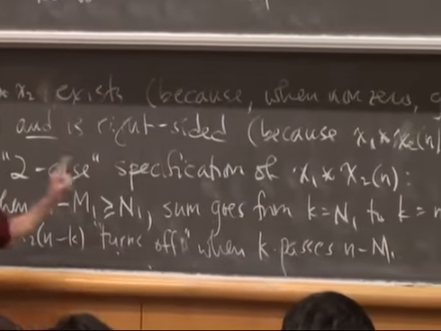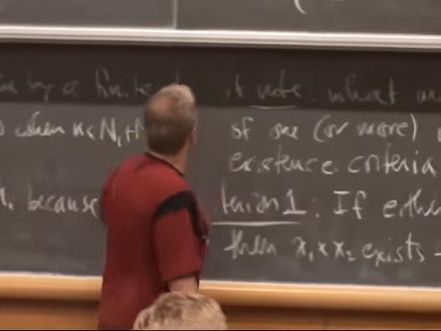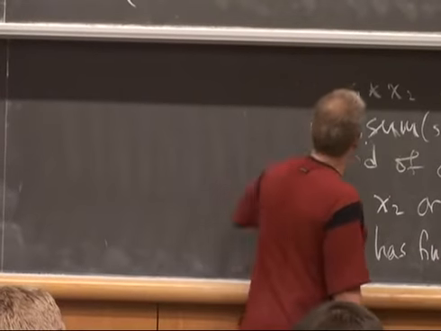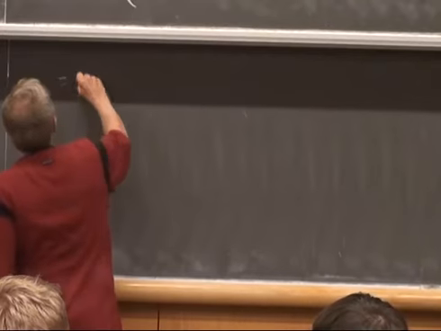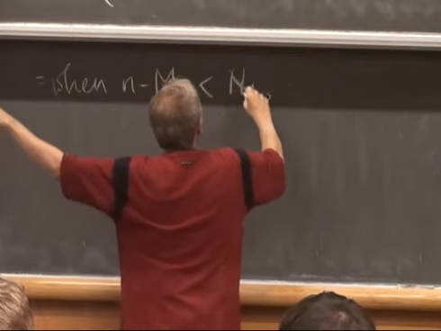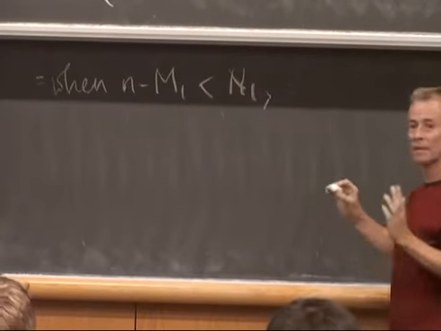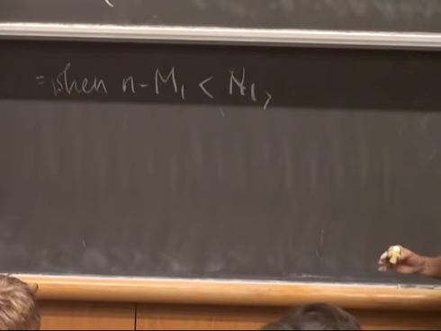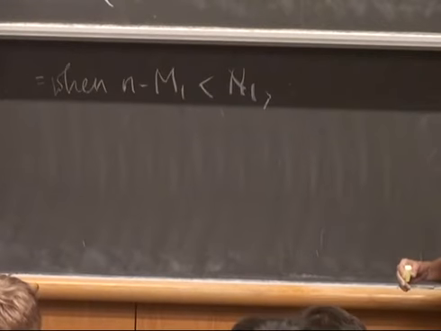That's the top case. When n minus m1 is less than capital N1, sadly, so when n minus m1 is less than the bottom limit over there, capital N1, then sadly, x2 of n minus k never has a chance to be non-zero over the range of summation n1 to infinity.